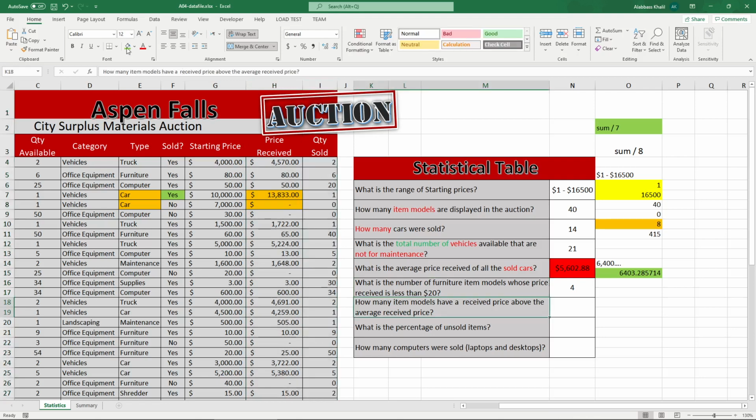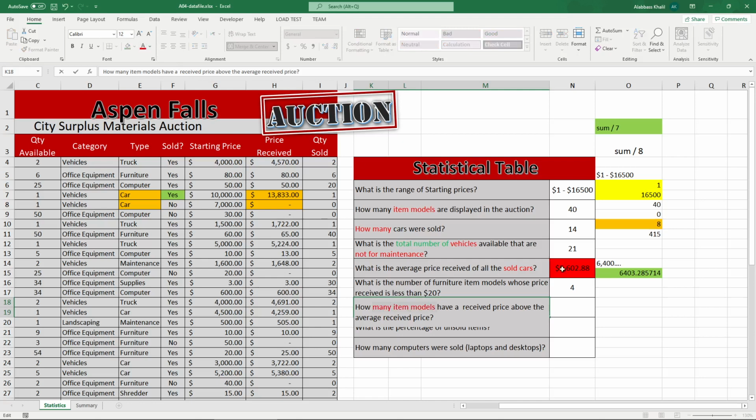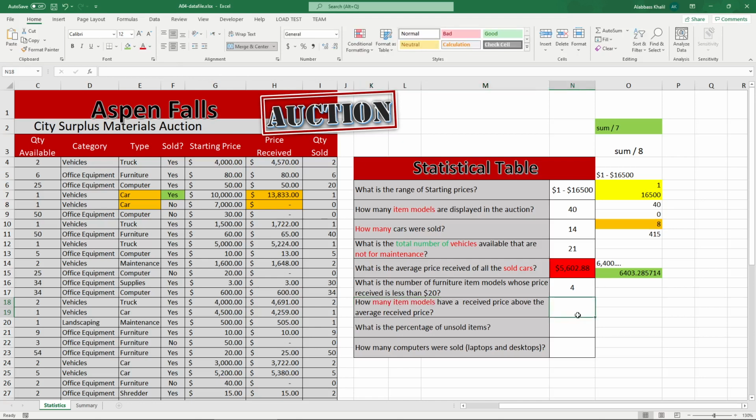Anyway, now this question: how many items have received price above the average received? Okay, very cool question. So how many item models? Again, how many item models might make us think that we want to count. So let's see, COUNTIF.